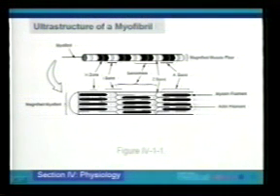And therefore, again, because of the sliding past one another of the thick and thin filaments, the H zone or H band will also shorten during muscle contraction. So in summary, during muscle contraction, the A band does not change length, but the I band and the H band will shorten.